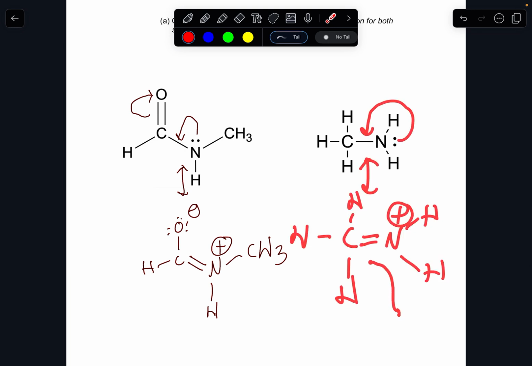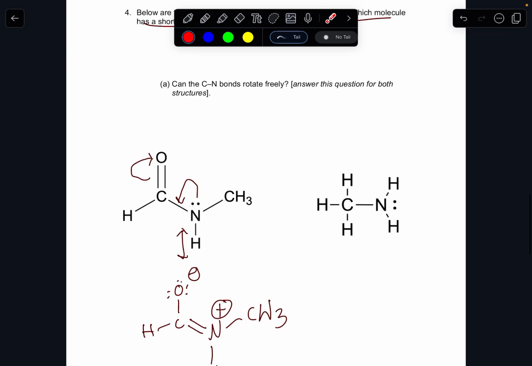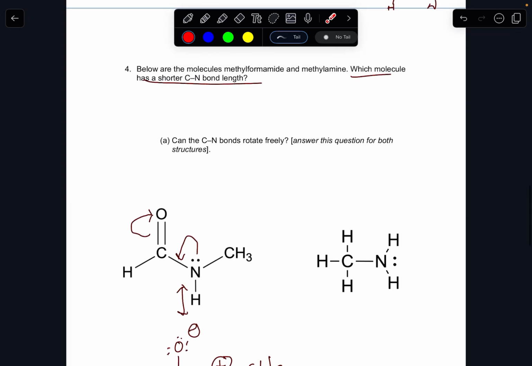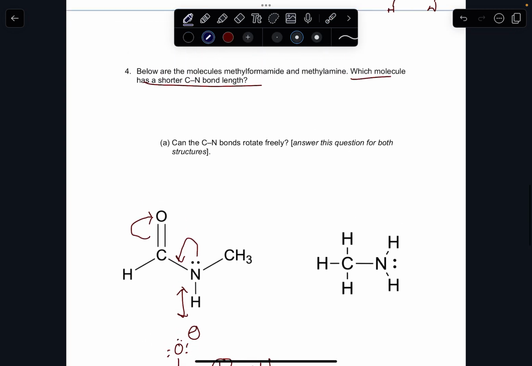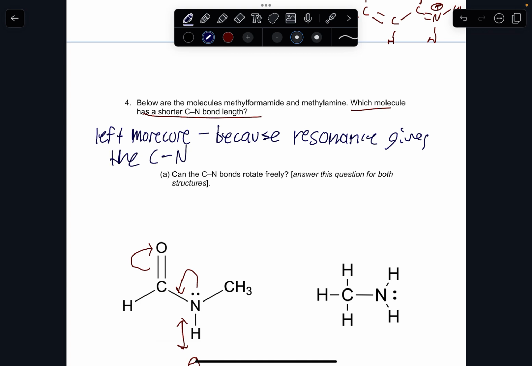It's because this carbon right here has more than an octet of electrons. It had 10 electrons. So which molecule has the shorter C to N bond length? It's the left molecule, because resonance gives the C to N bond partial double character.